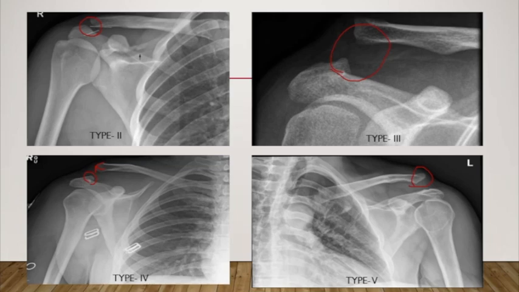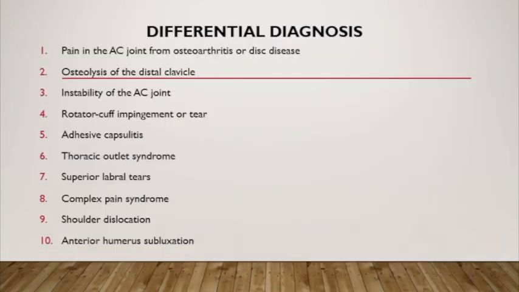Now, since we have completed the assessment part and will formulate the diagnosis in this case as AC joint injury, we need to go for differential diagnosis, as many conditions around the shoulder may mimic AC joint injury. For example, instability of the AC joint, SLAP lesion, or impingement syndrome.